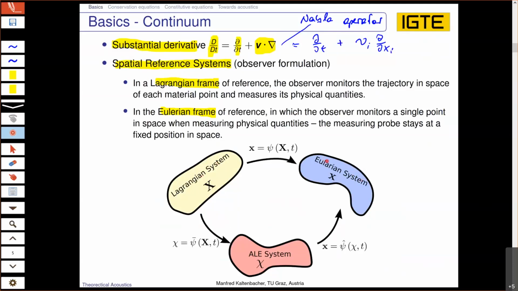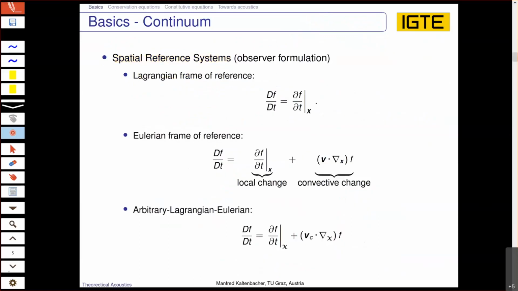The standard way is then to introduce a new frame, called the arbitrary Lagrangian Eulerian system or frame, which couples these two standard frames, and that is the frame you use when dealing with fluid structure interactions. We will keep the Eulerian frame because it's the appropriate frame for fluid dynamics, and that will also be the appropriate frame for acoustics.